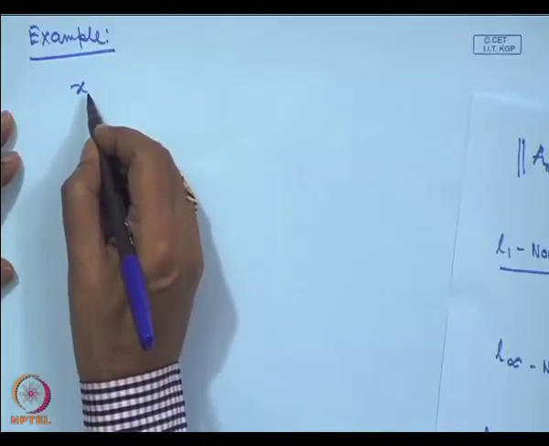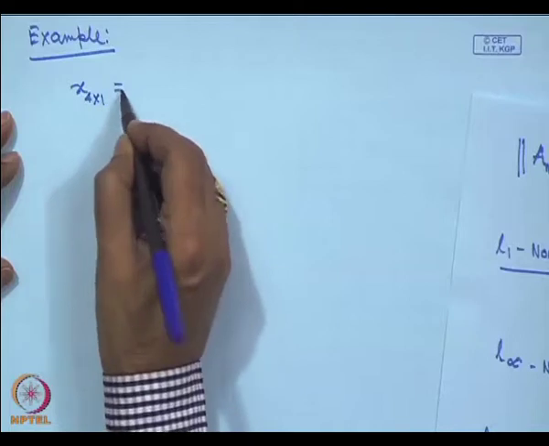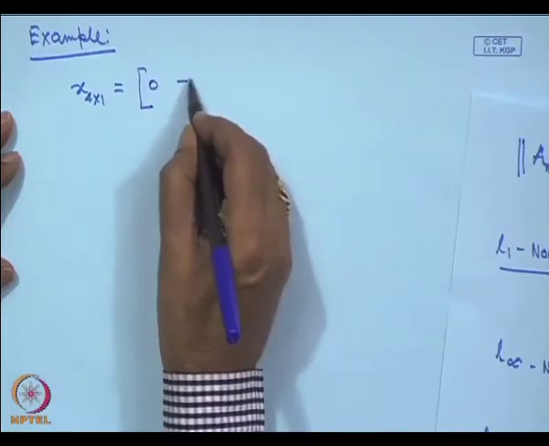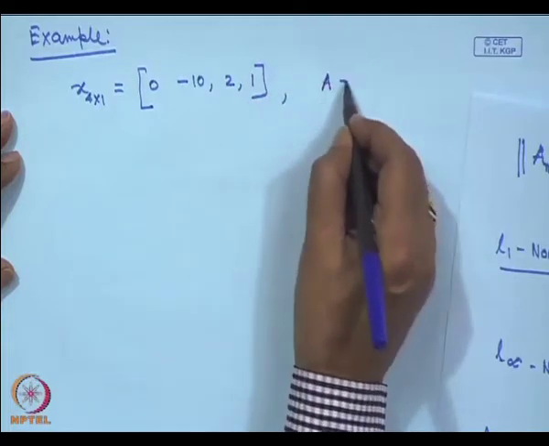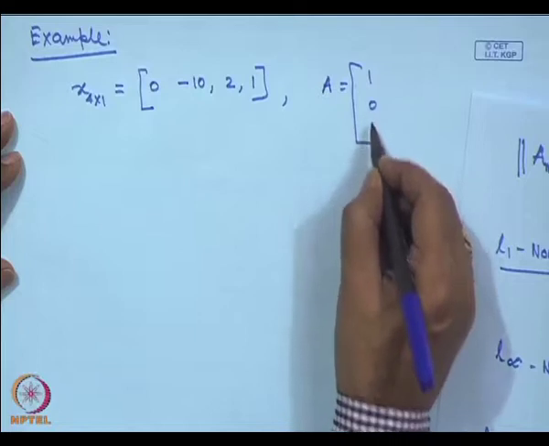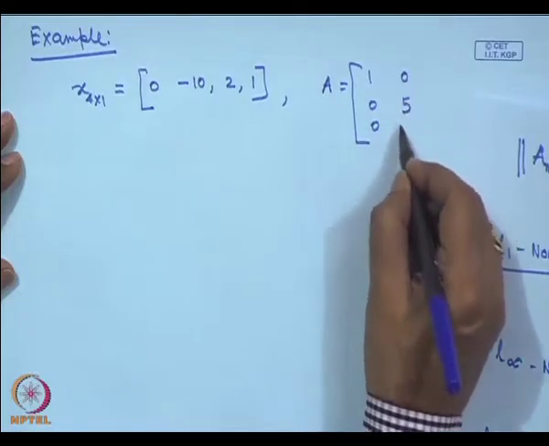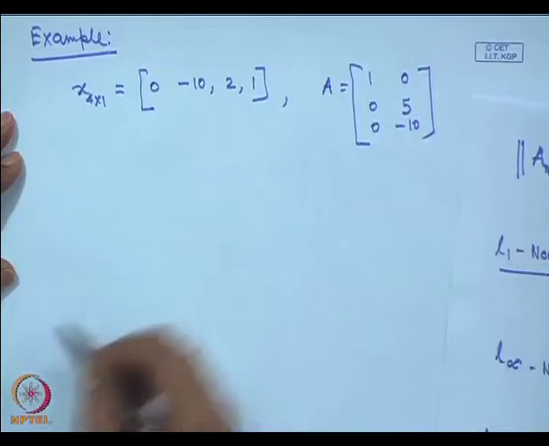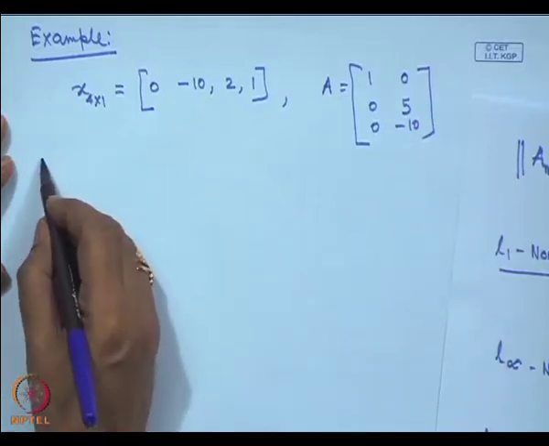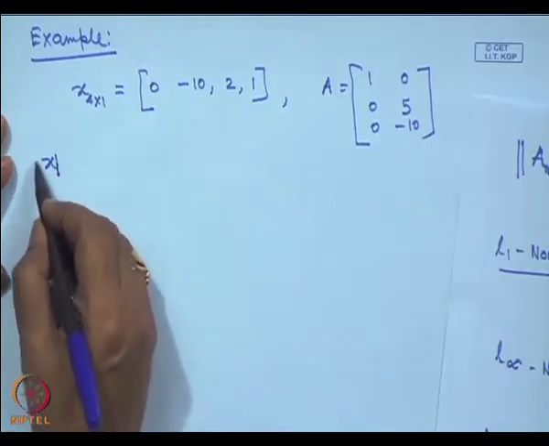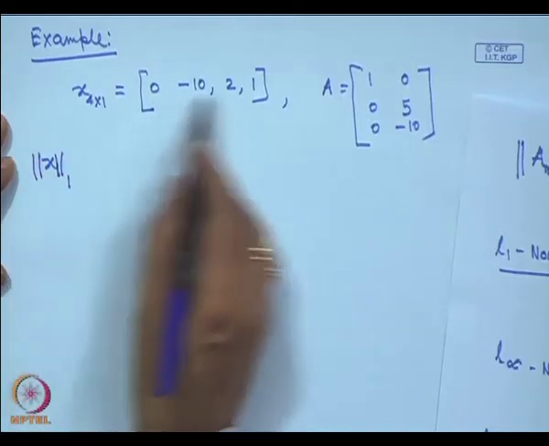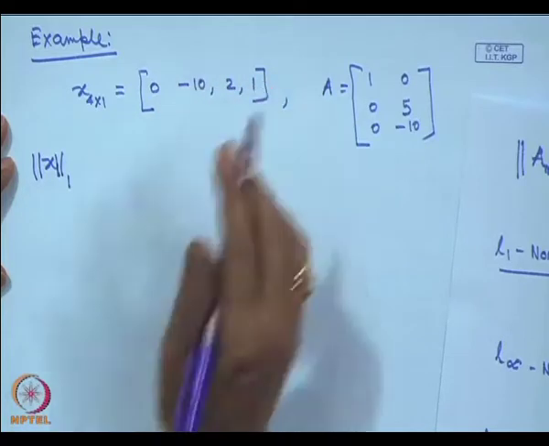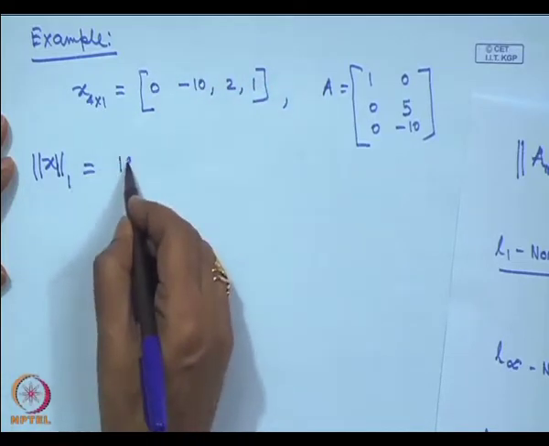Let us do an example. We have a vector x whose dimension is 4 by 1: 0, minus 10, 2, 1, and A is given. If you find the one norm of the vector, it means the sum of the absolute values of all elements: 10, 2, and 1, that will come 13.